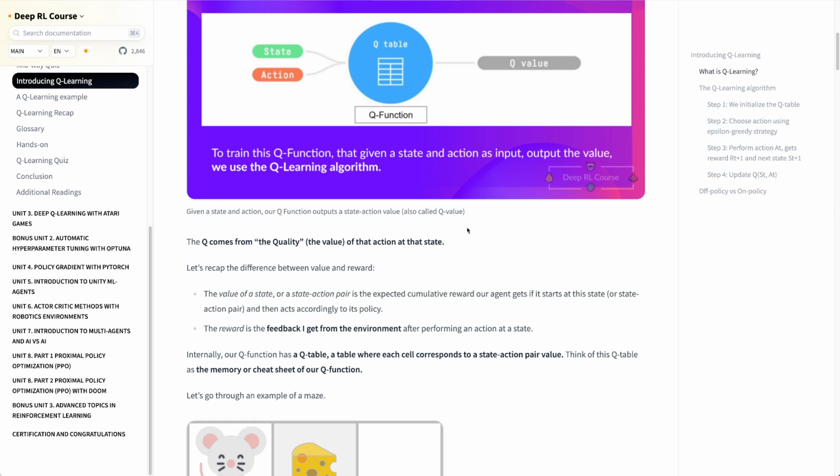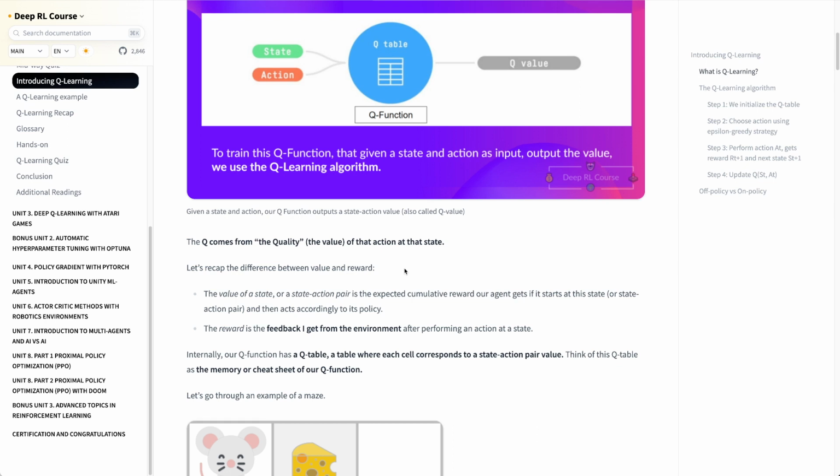So the reward is that single feedback, and the value of the state is the estimated cumulative reward. It's all the rewards with some discount value. Internally, our Q function has a Q table, a table where each cell corresponds to a state-action pair value. Think of this Q table as a memory or cheat sheet for our Q function.